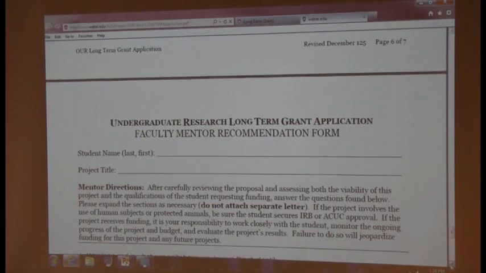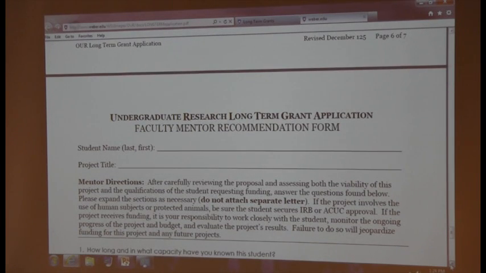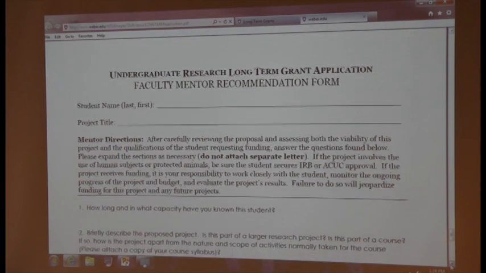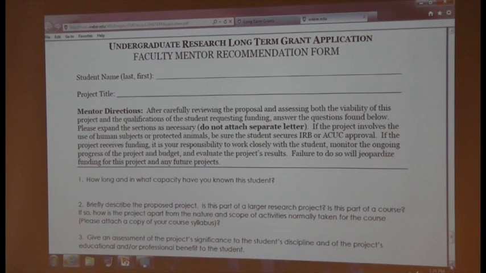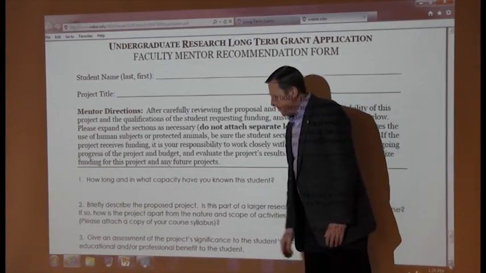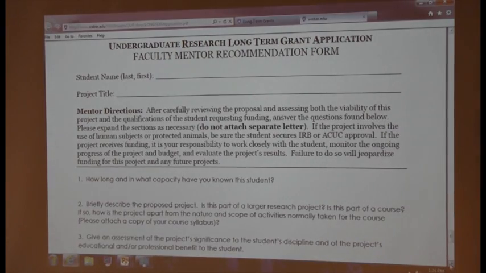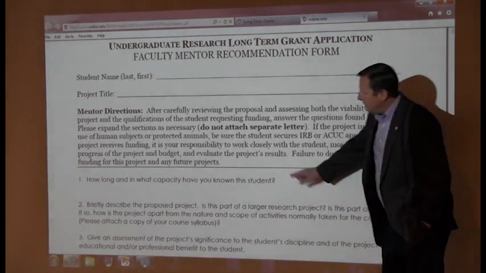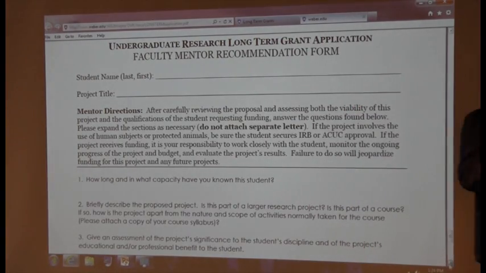So that's the list of questions that you, the student, are going to need to complete before you can turn in your proposal. Then we also have a list of questions that you're going to ask your faculty mentor to complete. And we do ask that the faculty mentor not attach a separate letter, but actually just fill in here. It makes it much easier for the reviewers if they do that. And so your mentor will read these questions and address them.